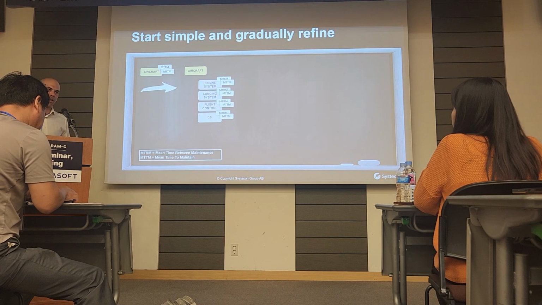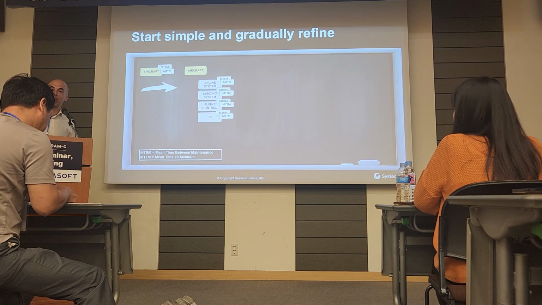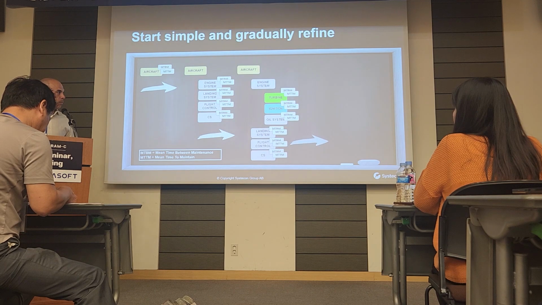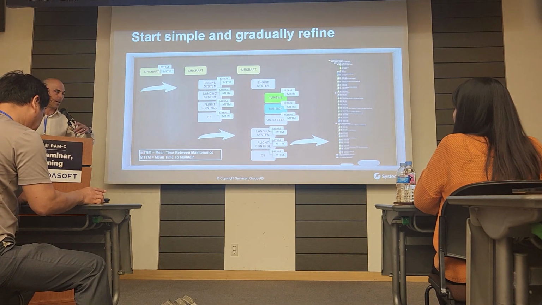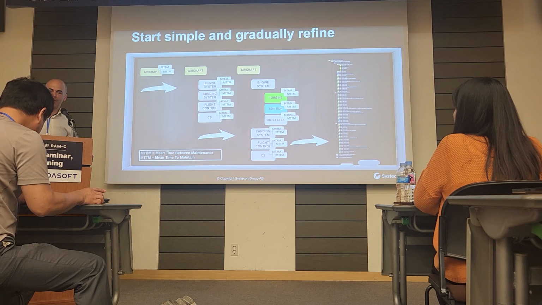You can start on any level of detail that you want, but it's more common that you start somewhere in the middle, in between here, than with a full system directly, because that could be very overwhelming and you might easily get lost in all the details.